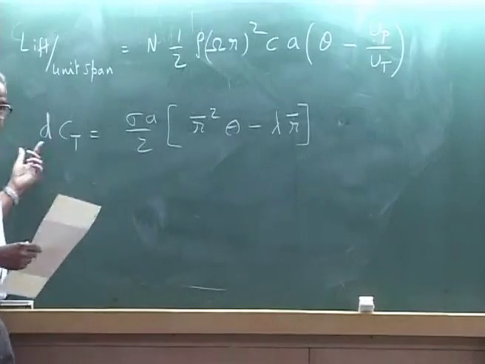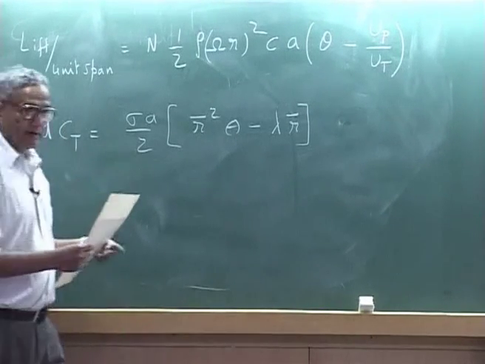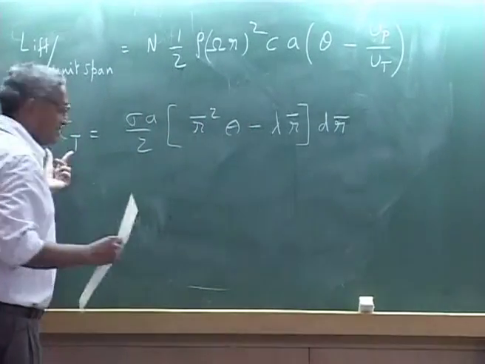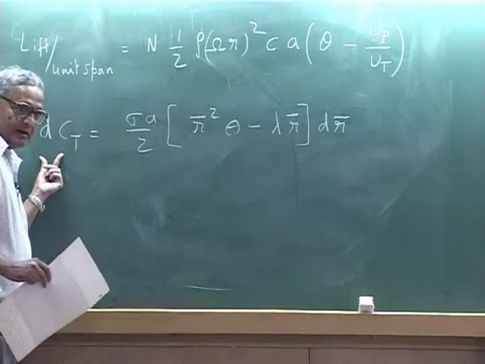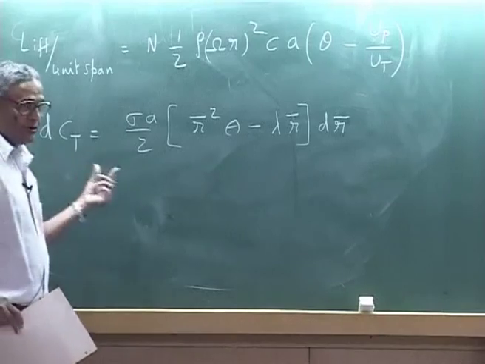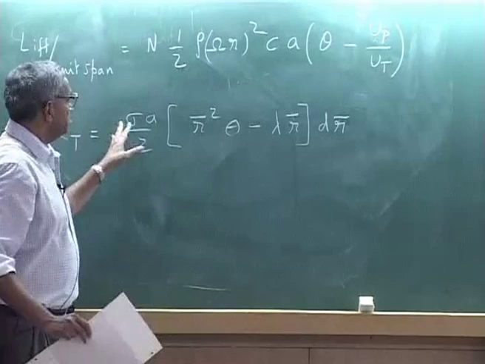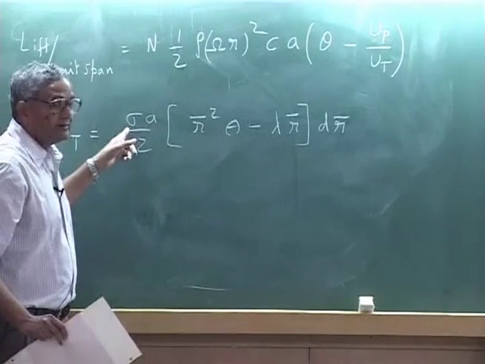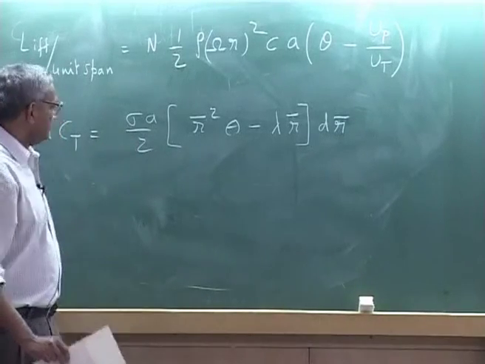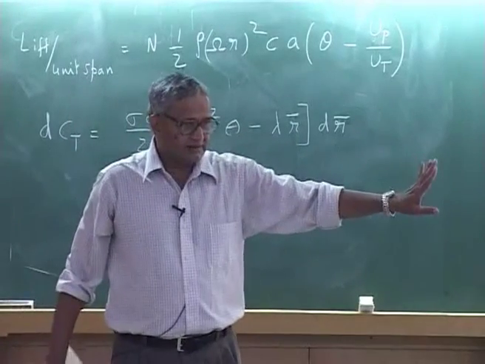But this is not per unit span, so you have to take dr bar, because this is the elemental thrust developed over dr bar due to all the blades, that is why sigma comes in. This is from blade element theory, got it.